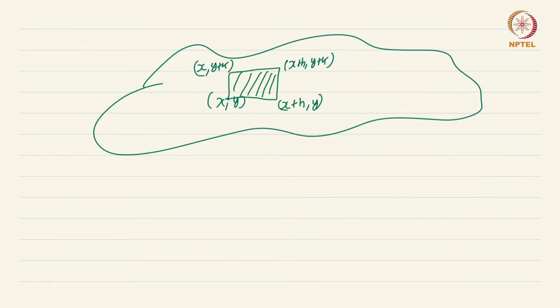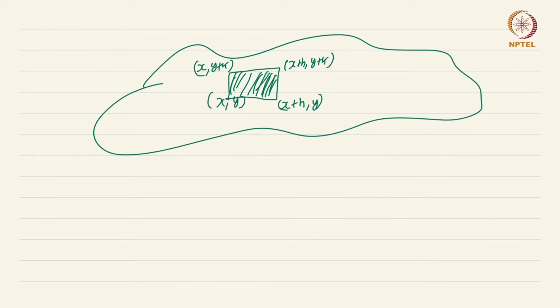So you have this domain U. I am focusing on this point (x, y). I am going to consider h and k so small that this entire rectangle, with vertices (x, y), (x plus h, y), (x plus h, y plus k), and (x, y plus k), is such that the closure of the shaded rectangle is fully contained within the domain U. So I'm going to only consider h and k so small.